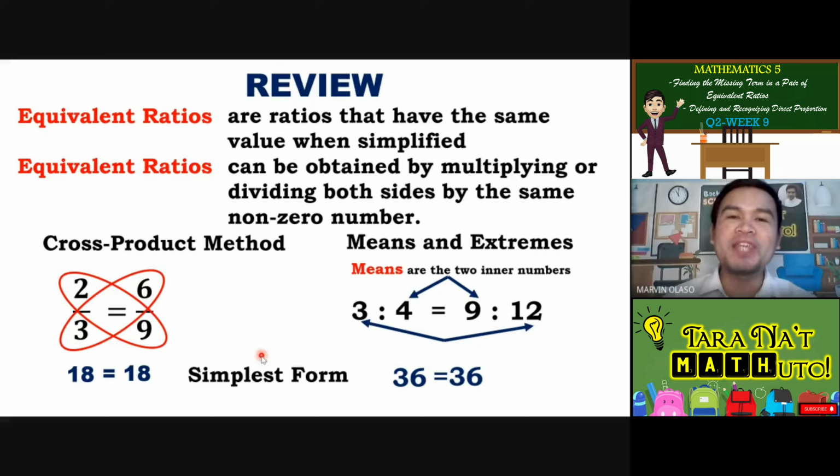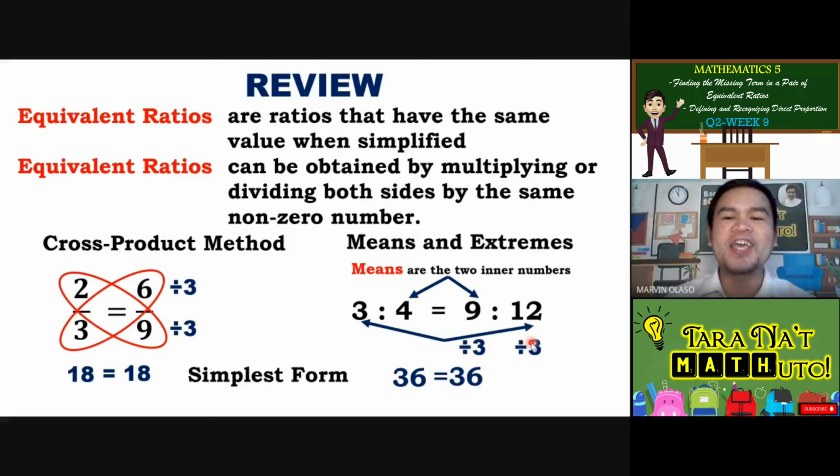And we have the last method, simplest form. Now, let us find the simplest form of 6 and 9 by dividing their greatest common factor, or GCF. When we divide 6 divided by 3, we have 2. 9 divided by 3, we have 3. It means that 6/9 is equivalent or equal to 2/3. Also, if we have given like this is the higher term, let us divide the greatest common factor of 9 and 12.